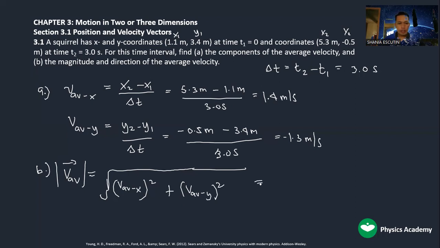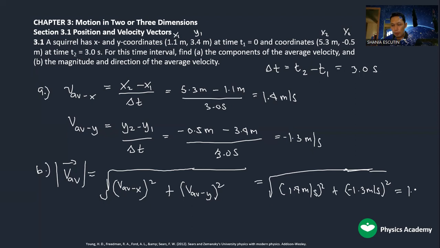So this is the square root of 1.4 meters per second squared plus negative 1.3 meters per second squared. You will have 1.9 meters per second. That's the magnitude.